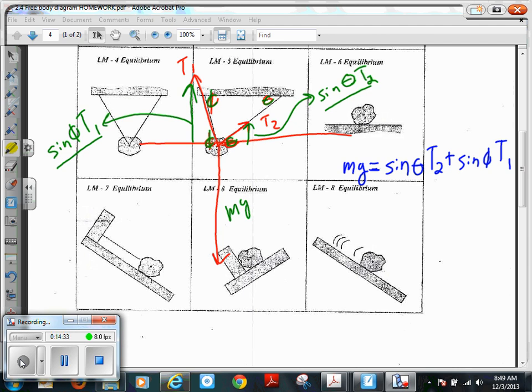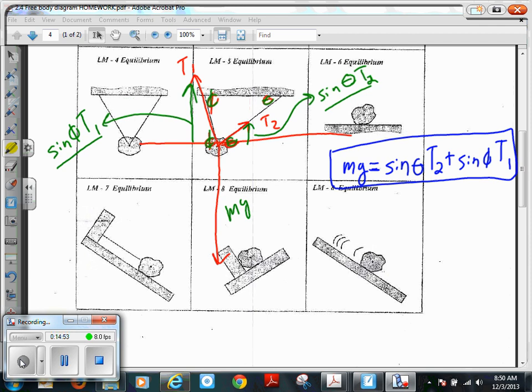Okay, so this is a formula that is a description of our tensions and their relationship to the weight. Do you agree? Now, if we had angles and one or the other tensions, we could solve for this problem. But we don't make it that easy.